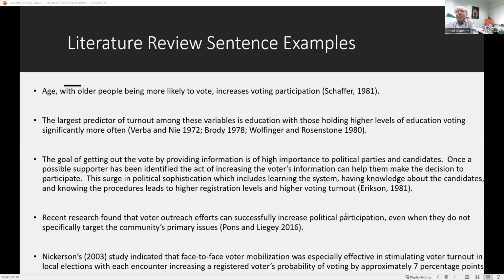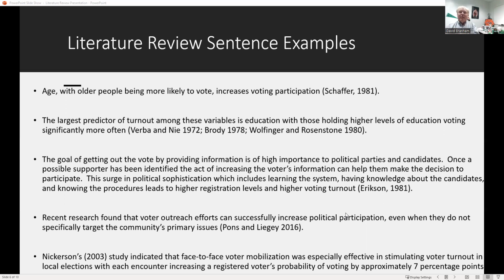If you have two articles you're citing with one sentence, put parentheses with the authors and the year, then put a semicolon, and then the authors and year again, and so forth. If you have three or more authors, just put the first author and then et al., and then the year.